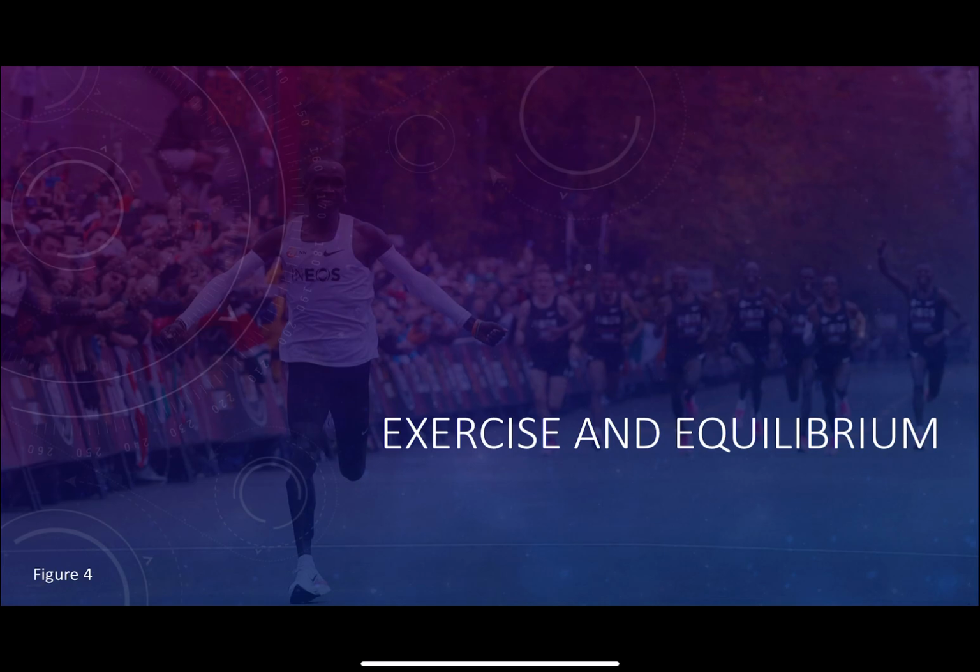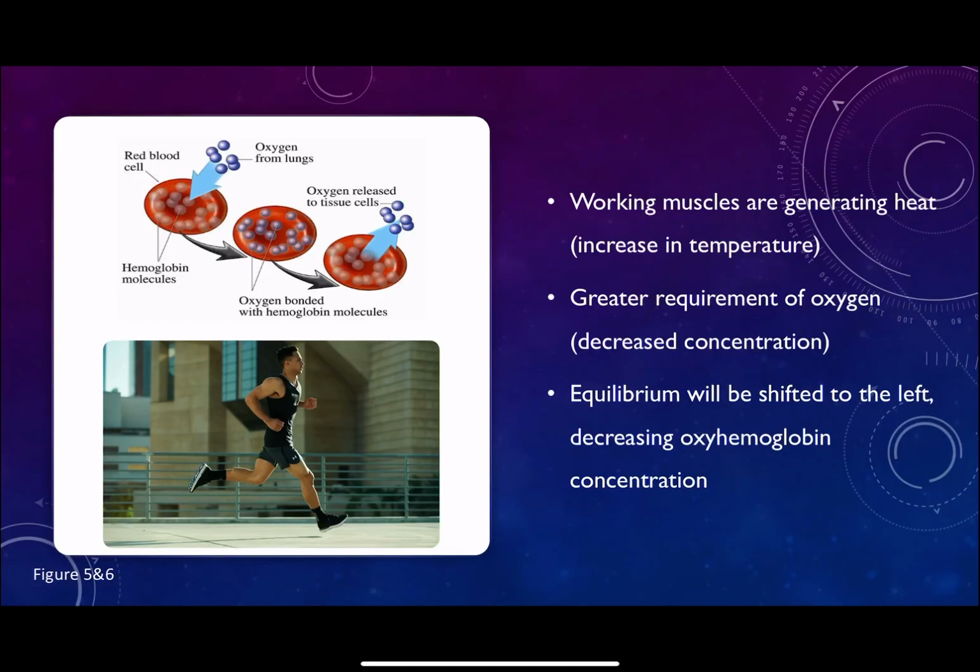After your adventure to Bora Bora, you decide to check another activity off of your bucket list and run a marathon. Before doing this, you check out how your body will be responding to the exercise and how equilibrium can be maintained. While you're running this marathon, your respiratory rate and heart rate are going to increase. Your working muscles are moving, generating heat and creating a need for more oxygen.